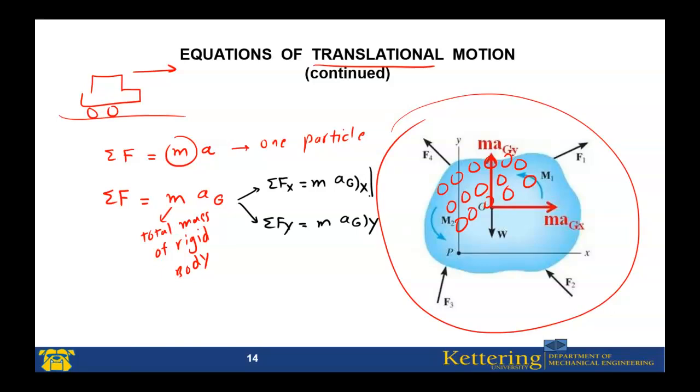These are two equations for a rigid body that has a translational motion.